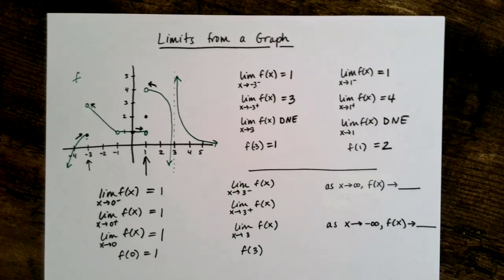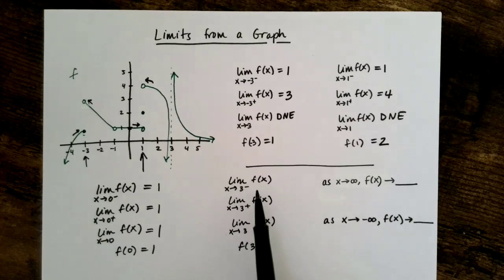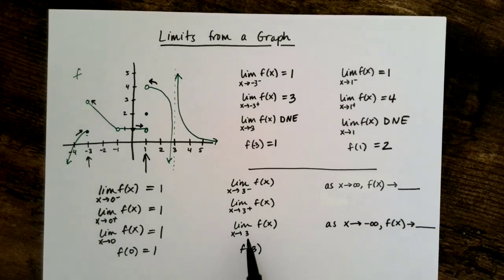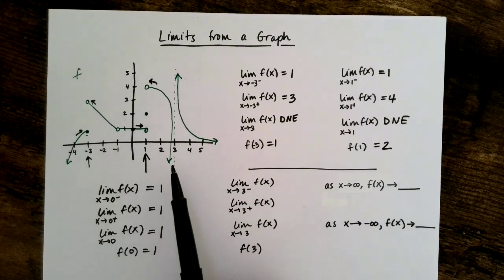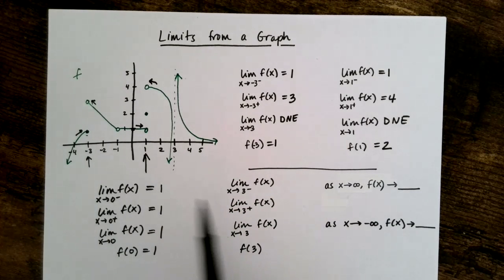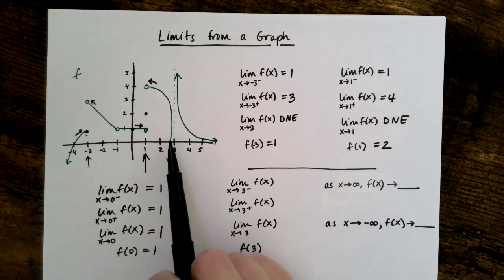All right, so let's do some of the prepared stuff below the line here. These first few limits are looking at x equals 3, which is where we appear to have a vertical asymptote in this graph. So this first one is x approaching 3 from the left, the 2.9 side.